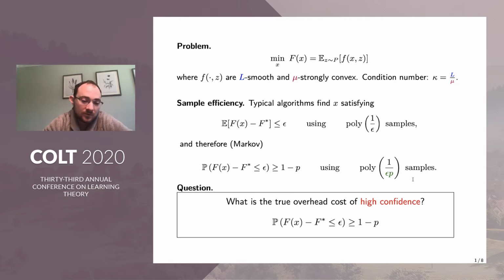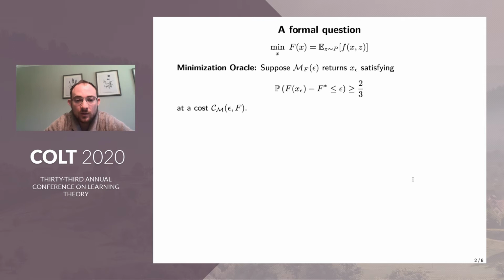Okay, and so the real question we're interested in, what is the true overhead cost of high confidence? Given an algorithm, a generic procedure that gives you epsilon optimal points in expectation, what is the true overhead cost of boosting its confidence to be on the order 1 minus p? Or more formally, let's now make this a little bit more formal by declaring what we mean by an algorithm.